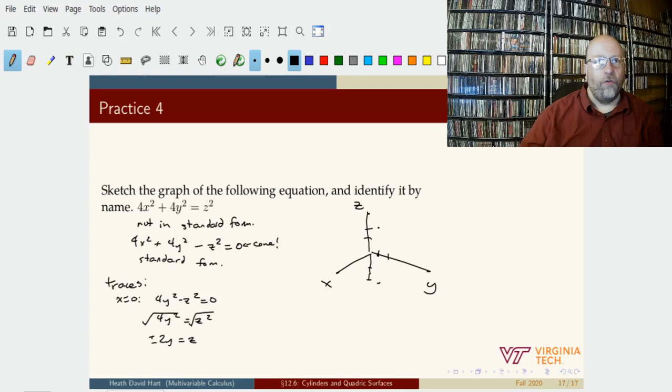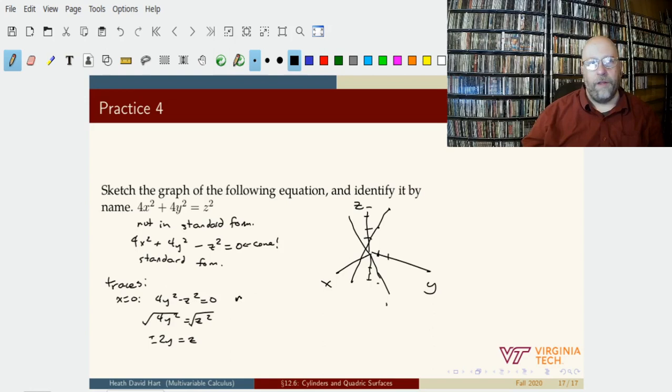When y is 2, z is plus 4 or minus 4. And so we have a pair of lines in the zy plane. This line with a slope of positive 2 and a line with a slope of negative 2.